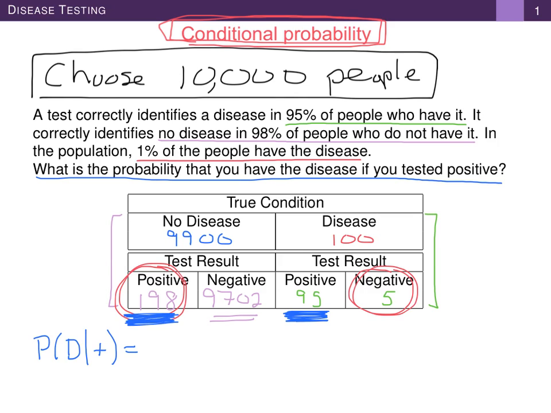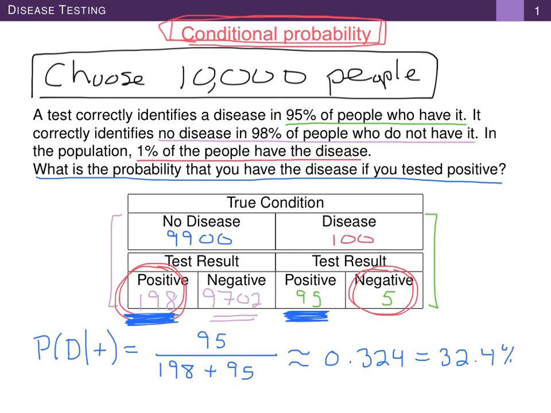Those are all the people I'm interested in: 198 people plus 95 people. And the ones who actually have the disease, that's the 95 people. If you do this computation, this comes out to approximately 0.324, which is 32.4%. And there's our answer.